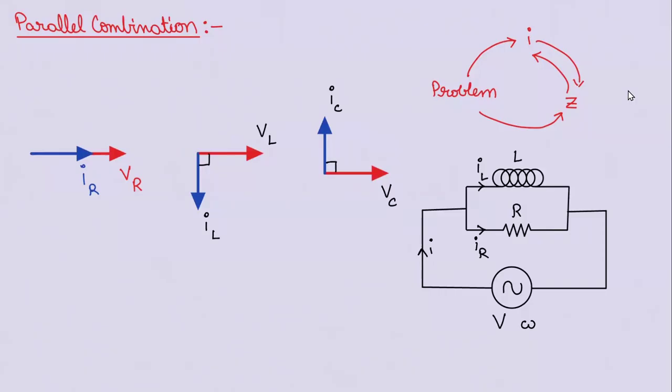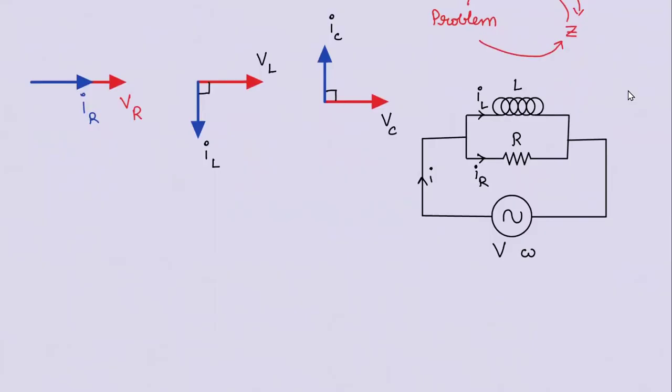Now I'll explain how to deal with it. First of all, inductor. In inductor, XL is equal to omega L, right? You know the inductive reactance, more perfectly speaking. You know what the voltage is here, because the voltage across this and this must be the same, because of the source voltage.